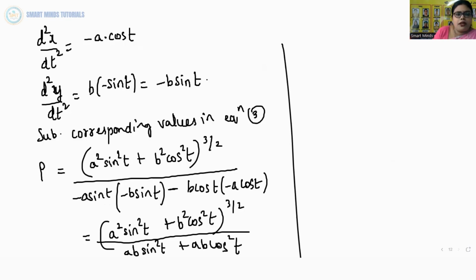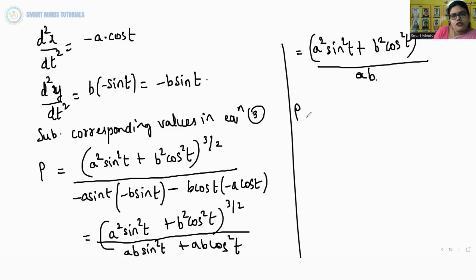But from trigonometry, we know that sin square t plus cos square t is 1. So that is (a square sin square t plus b square cos square t) power 3 by 2 by ab.